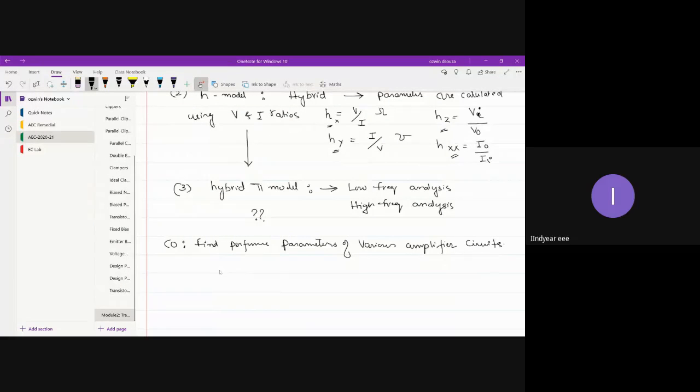And by looking at those performance parameters, you can also judge which amplifier is good, or which amplifier is used for what purpose, etc. You can infer that from this particular course outcome.